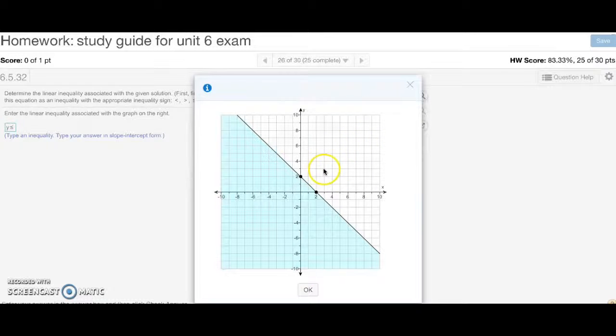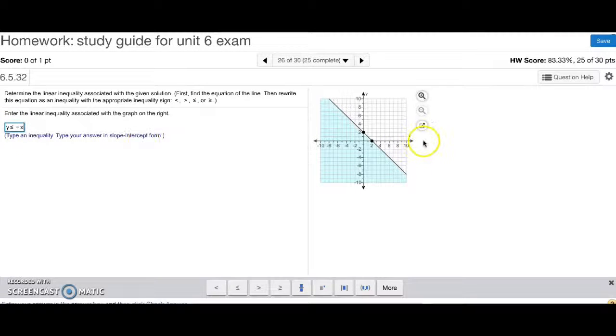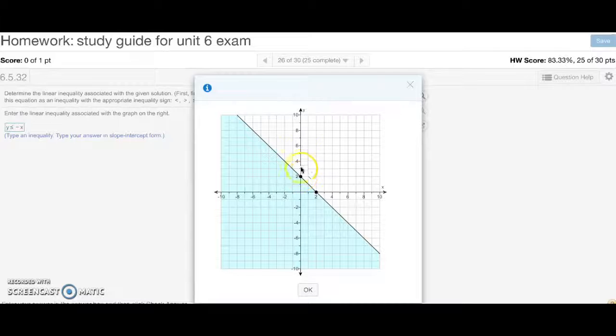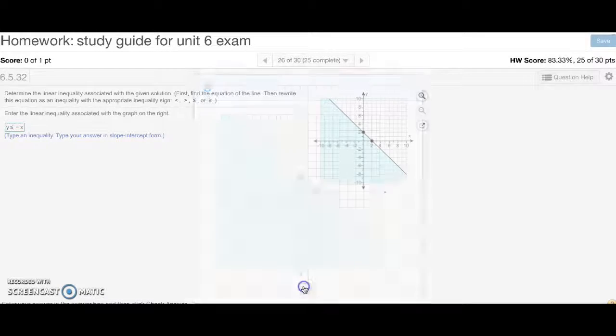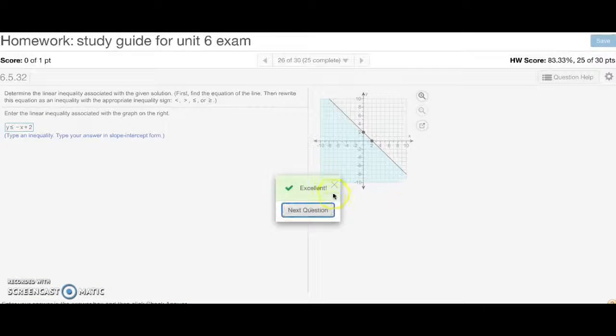So my slope, I have 2 points. I go down 2 to the right 2, so that would be negative 2 over 2, which is negative 1, so negative x for my slope. And my y-intercept is on the y-axis, which is right here at 2, so plus 2. And that would be my inequality. So that's 26.